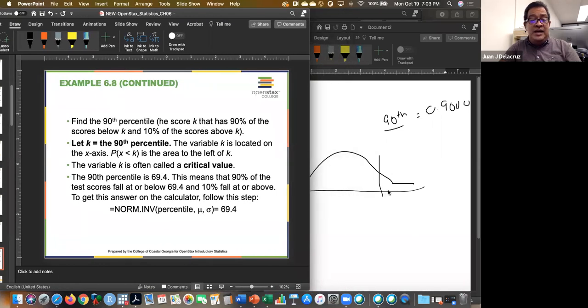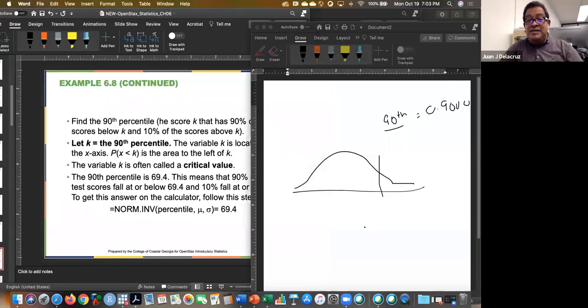So we are looking for the area that is gonna be to the left. In this case, the K variable often is called the critical value. So the 90th percentile is 69.4. That means that 90% of the test scores fall at or below 69.4.